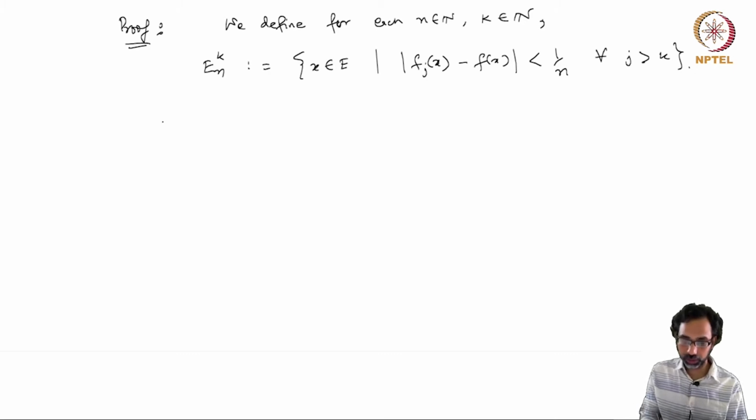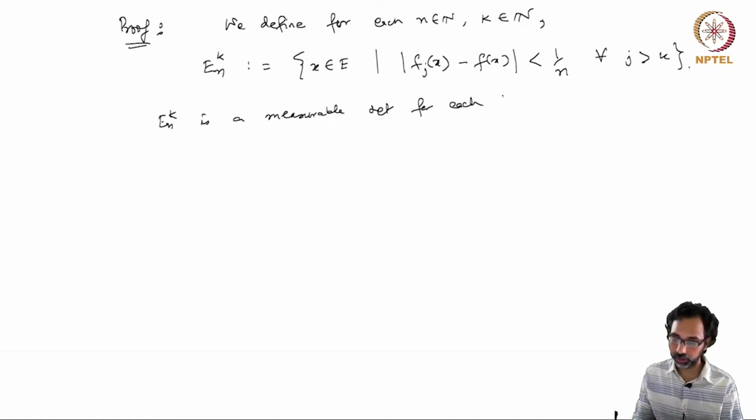So this E_{n,k} is a measurable set for each k greater than 1 and n greater than 1, because first of all, f_j minus f is a measurable function because the f_j's are all measurable.